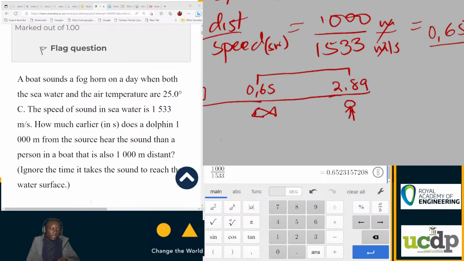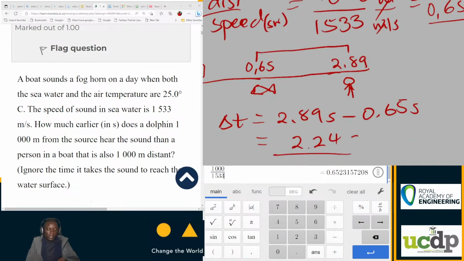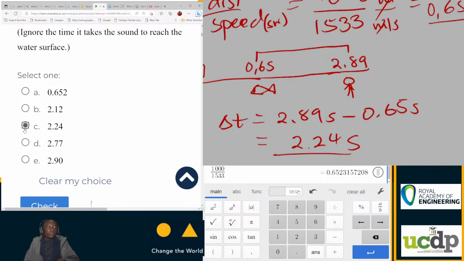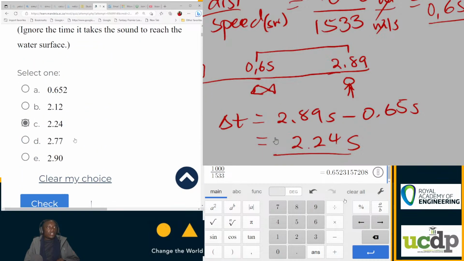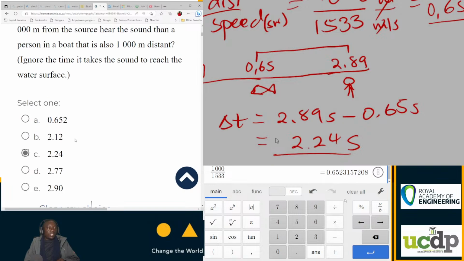That means delta t is equal to 2.89 seconds minus 0.65 seconds. That should give us 2.24 seconds. So that time is 2.24 seconds, and we have 2.24 seconds there. So that's the correct choice.